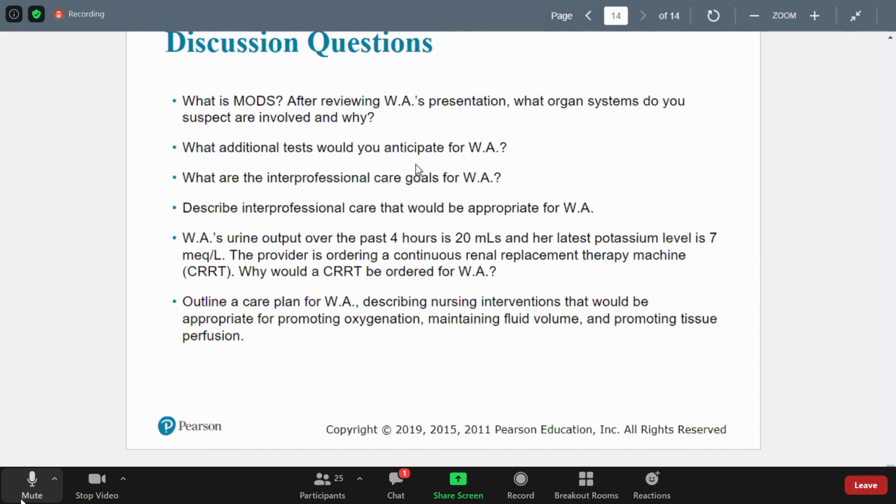Describe interprofessional care that would be appropriate for WA. Respiratory. Okay. Respiratory, that would be like the daily weight, strict I's and O's. But respiratory therapy was supposed to be the care team that you were talking about, right? Is that the question we're answering, the interprofessional care? Yes. Interventions. Oxygenation. How will you maintain oxygenation for WA?